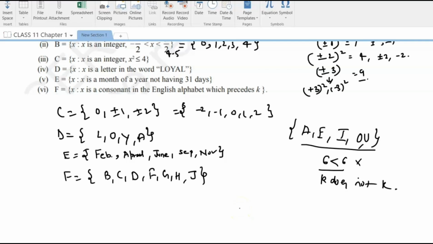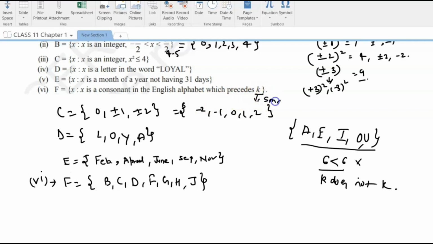Now pause the video and see if I have made any mistake in this. Okay. So there is a small mistake. What's that? When you are studying algebra, you need to be very clear with the language and the symbols. So here F was X such that X is a consonant in the English alphabet which precedes k.